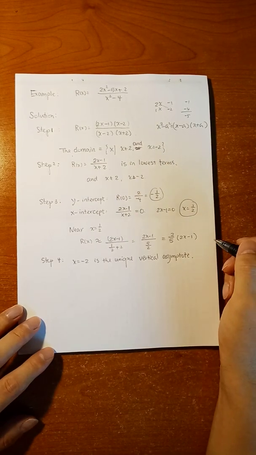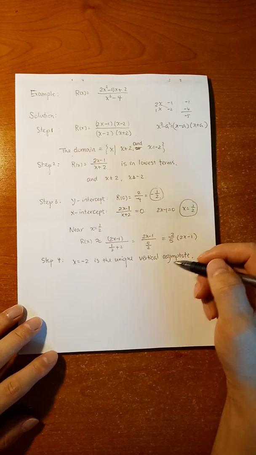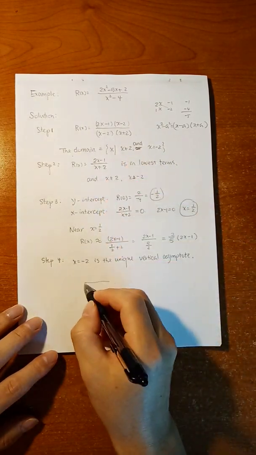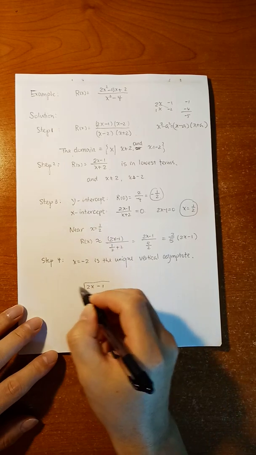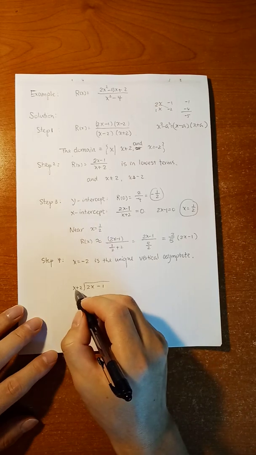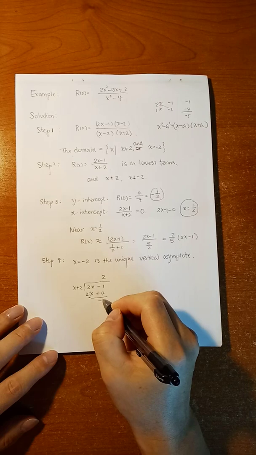And in order to find the horizontal asymptote, we need the division. So we divide 2x minus 1 by x plus 2. 2x over x is 2, so it's 2x plus 4, remainder negative 5.